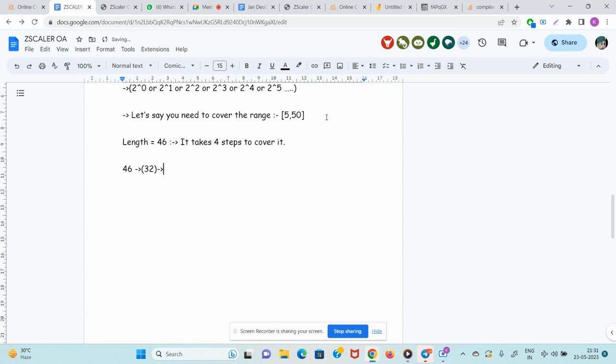Then it becomes 14. Then you use a guy called 8. Then it becomes 6. Then you use 4. It becomes 2. Now if it becomes 2, it's over, guys. You use a 2 guy and it becomes 0. So the total number of steps, the answer, is 4.